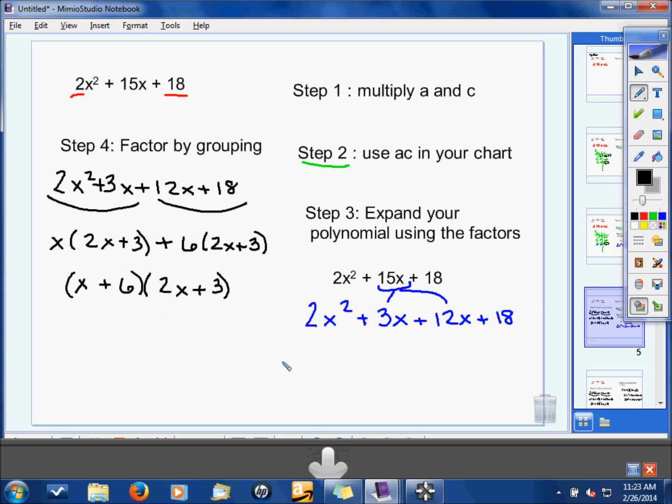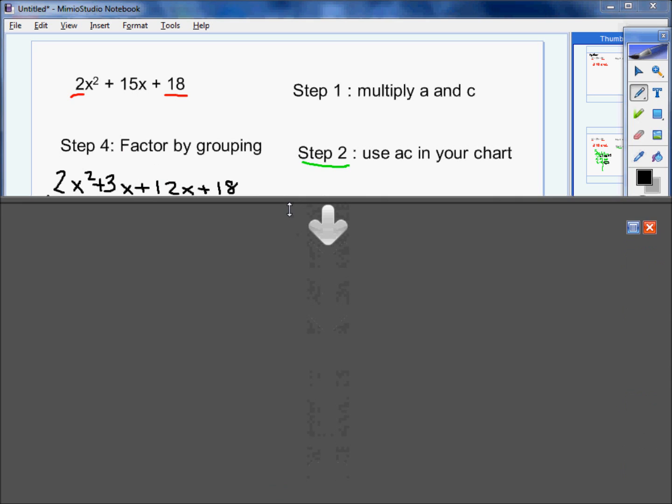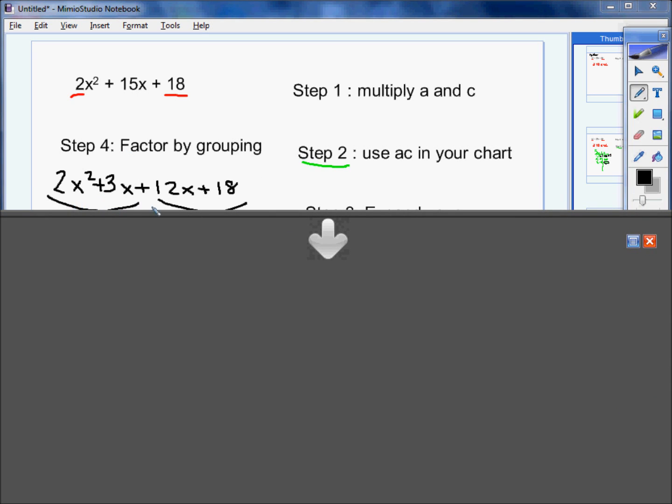Our fourth step. This is what you just wrote, right? This is what we just expanded, 3x and 12x became 15x. And we're going to factor it by grouping like we did 2 days ago. There's nothing in common across all 4 terms of the polynomial.